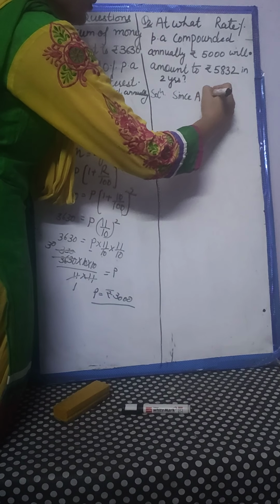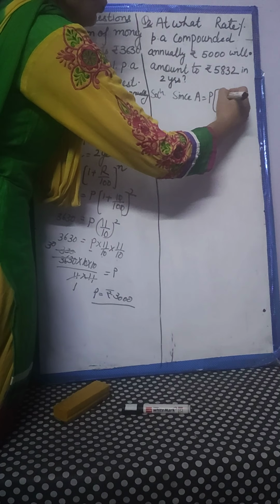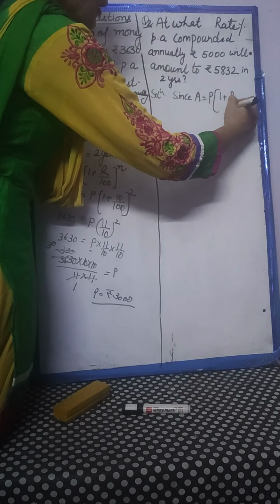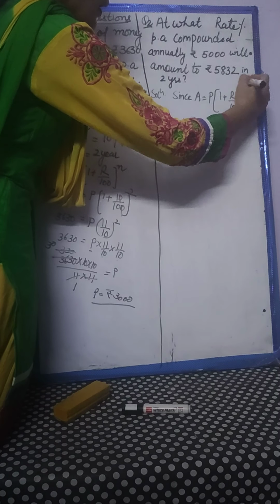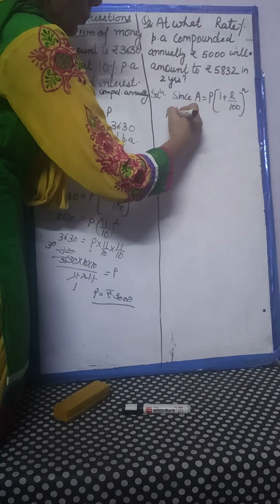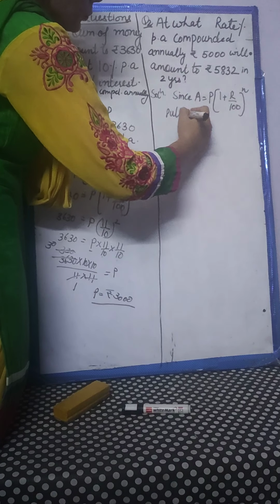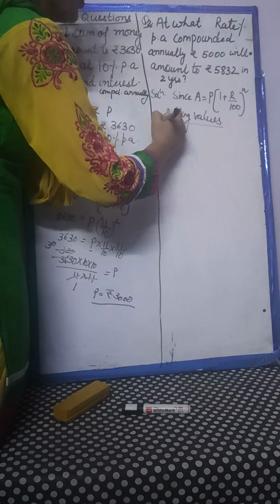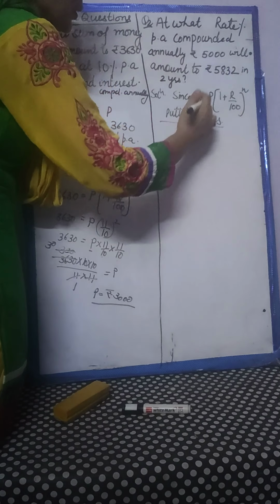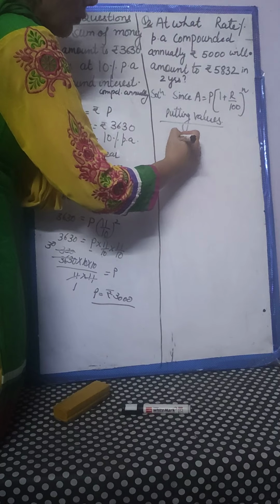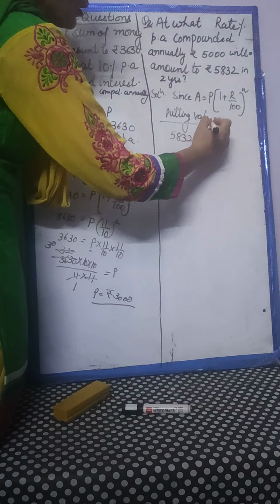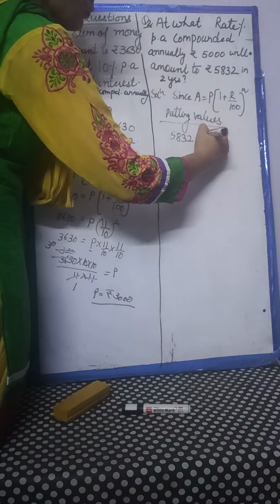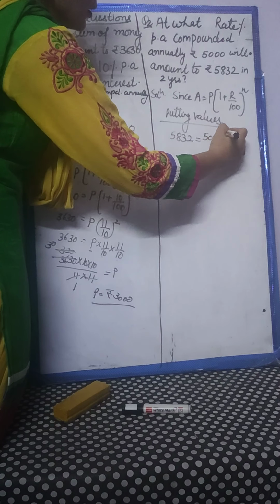Since A is equal to P into 1 plus R by 100 raised to power n, putting values, you have to be very cautious. Amount is rupees 5832. Principal is rupees 5000.